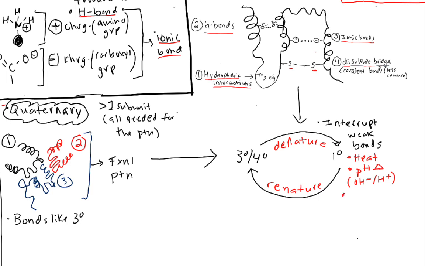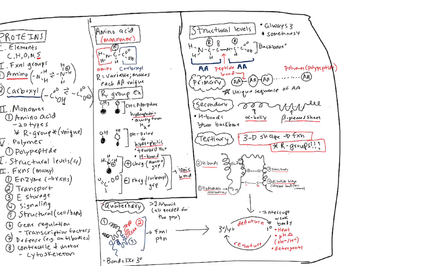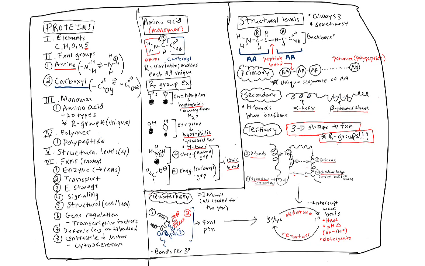Another thing would be detergents. Often you use these in lab on purpose because you want the proteins to denature. And they have a similar function where they just get in there and interrupt those weak bonds. Okay, so now on your single sheet of paper, you have a graphic organizer with the basics of proteins.